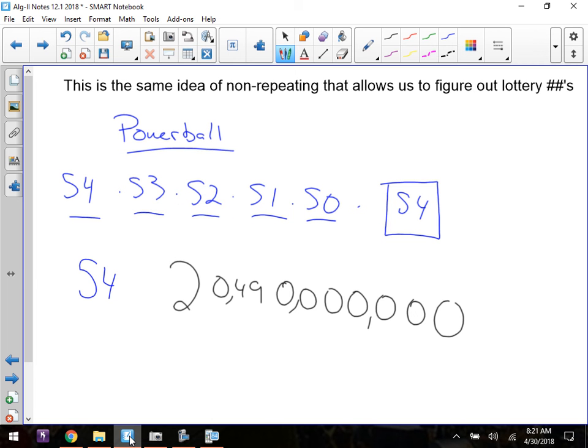So you could spend $1 billion and still not win the Powerball. The probability is so improbable. To win, it's 1 in 20 billion, okay?